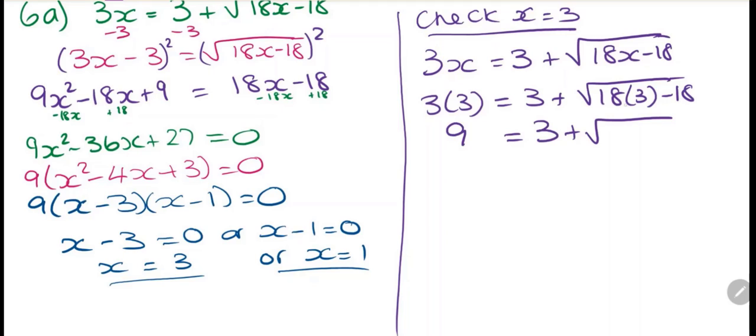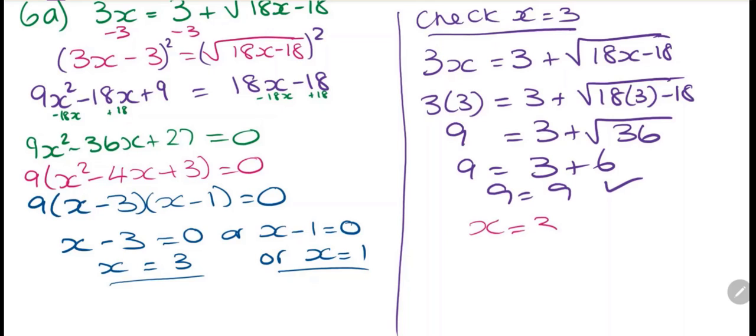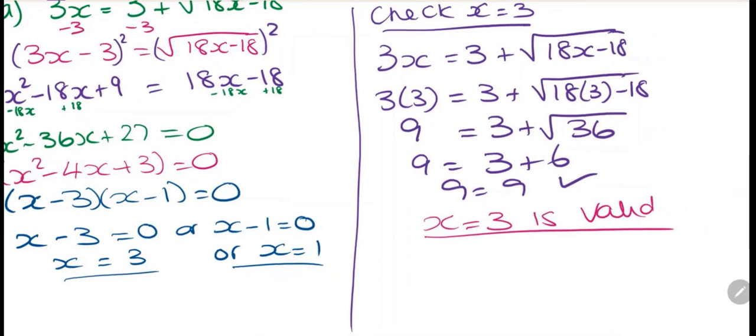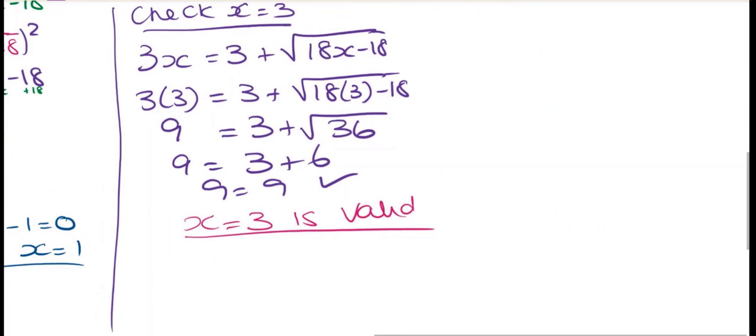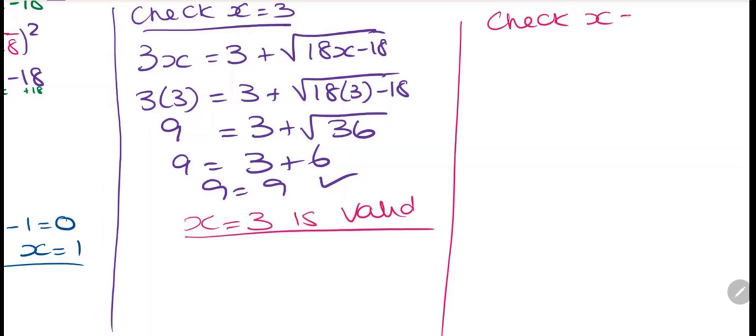So this is going to be 36. So square root of 36 is 6. So 9 equals 9. So we can say that x equals 3 is valid. It is a solution. And then we need to check our second solution. X is 1. So let's go over here and we'll check that x is equal to 1.